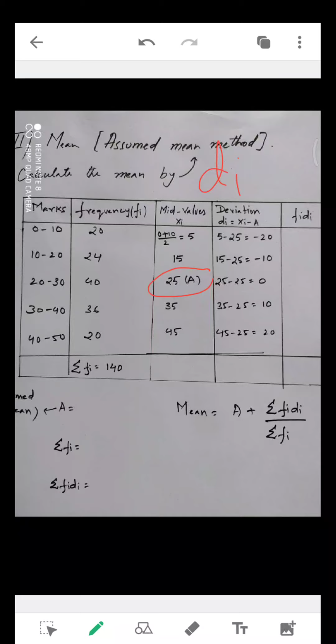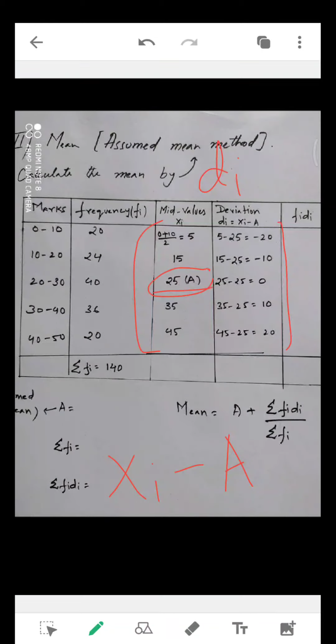Deviation is nothing but the difference of the mid value column and the assumed mean, that is xi minus a. Xi is the mid value, and a is the assumed mean. So when you subtract these two, you will get the fourth column, that is called deviation.